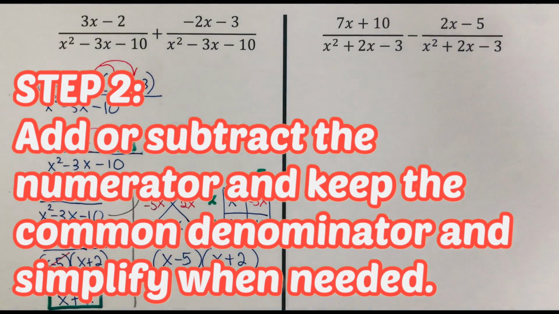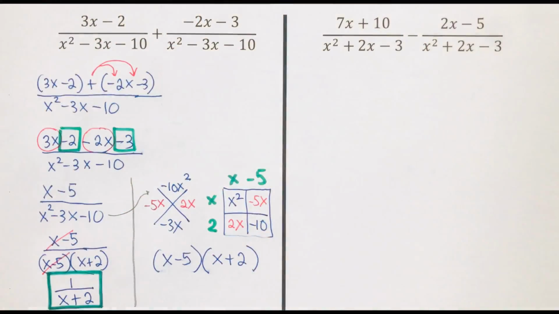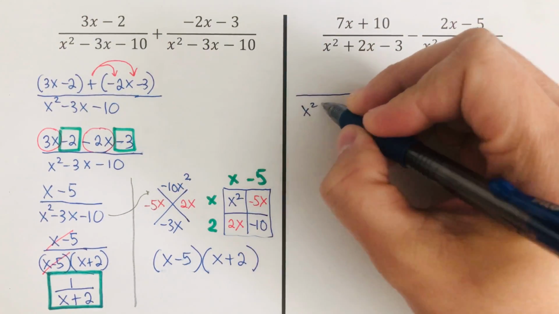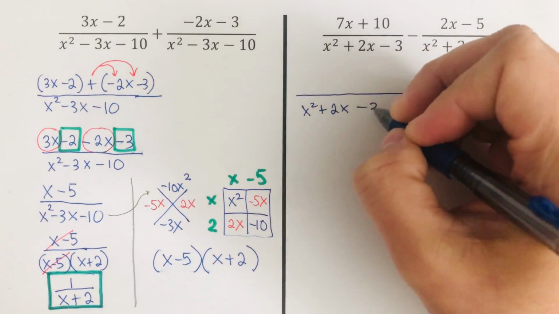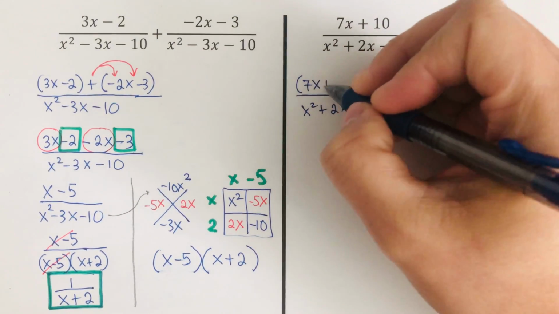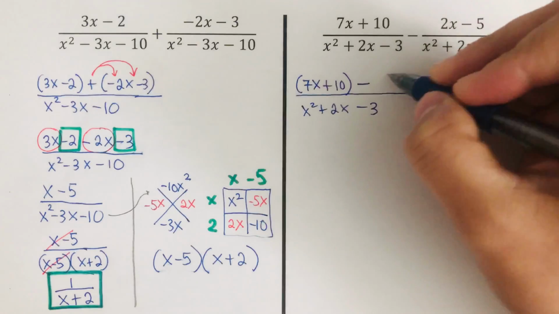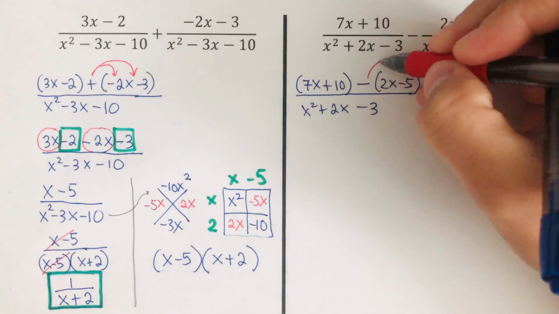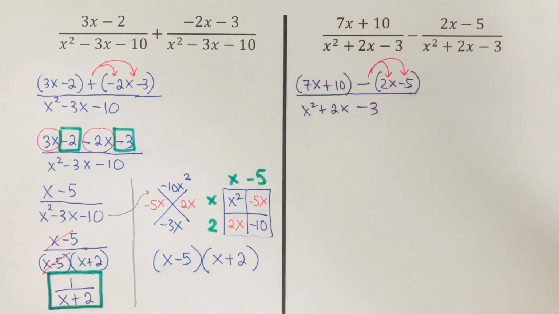So in this problem right here, we can go ahead and keep their common denominators. That would be x squared plus 2x minus 3, and then we're going to subtract the numerators. The first one is 7x plus 10 minus 2x minus 5. So then we distribute the minus to each of the terms inside the parentheses.